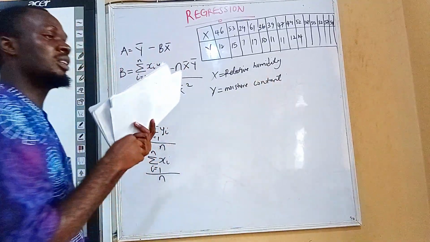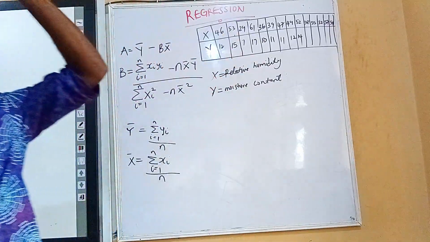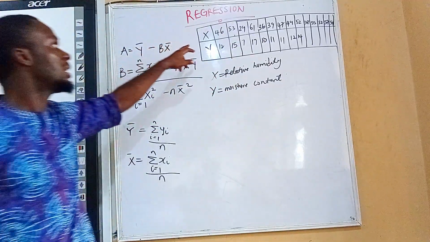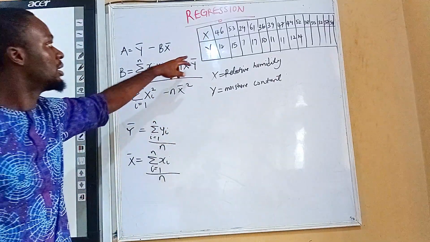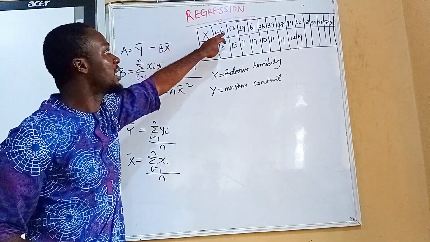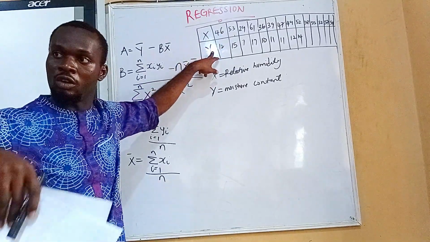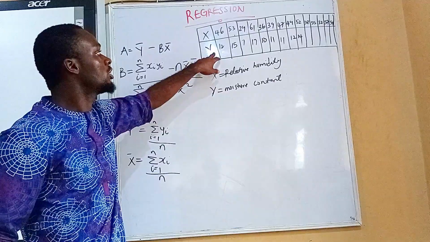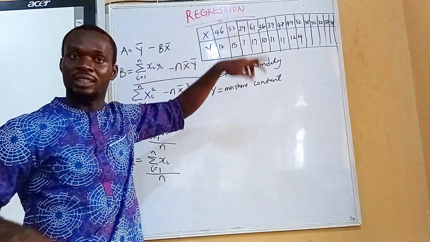So we know the meaning of humidity now is the amount of moisture in the atmosphere, and a raw material was stored. You understand that the amount of air in the atmosphere will impact the moisture content of that material. So the moisture content of the material now is dependent on the relative humidity of that environment.